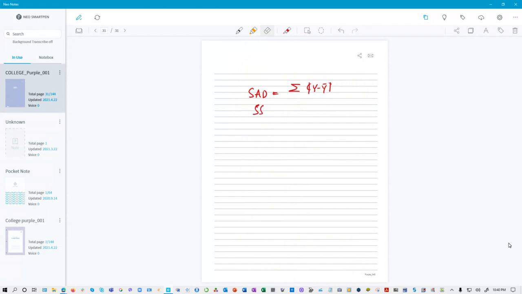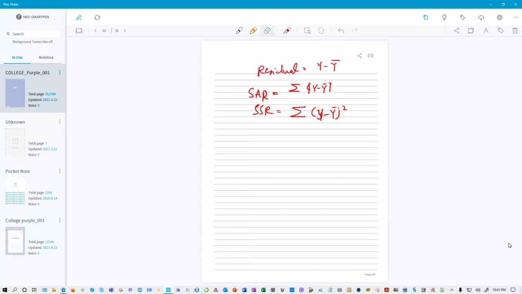In sum of squared residual, or sum of absolute residual, this one you have this minus y bar squared. Then normally in the residual, if you add the residual, you have simply y minus y bar.